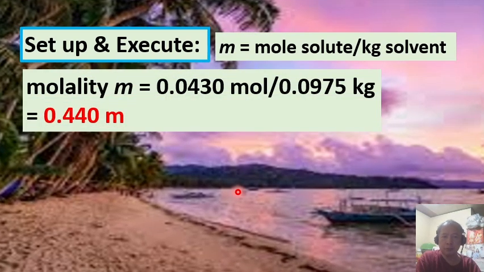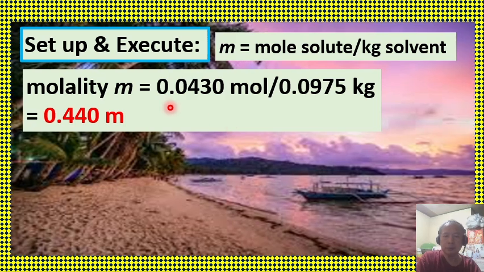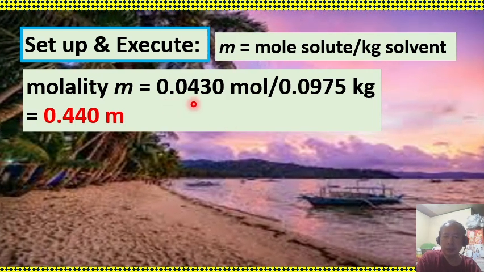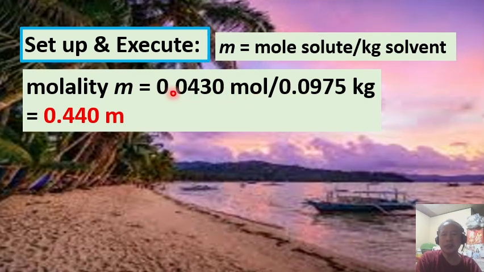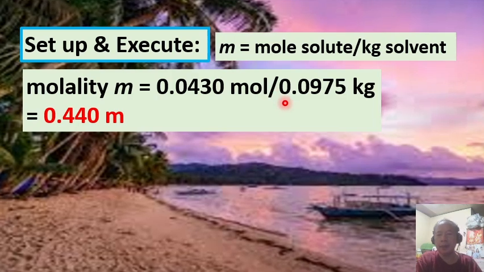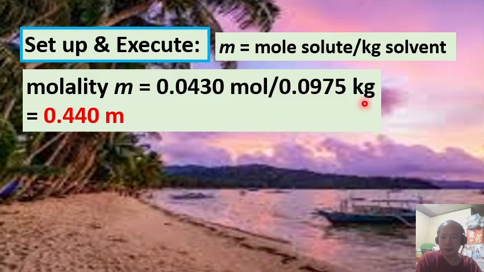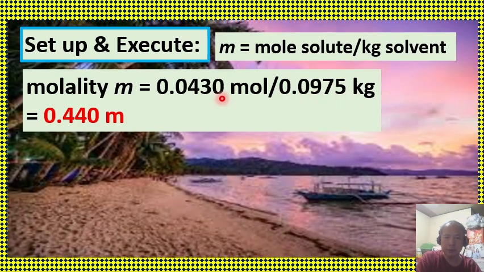So we have the number of moles of the solute computed earlier, 0.0430 moles, divided by the mass of the solvent, water, expressed in kilogram, 0.0975 kilogram.